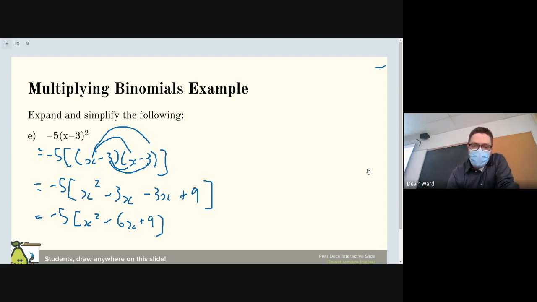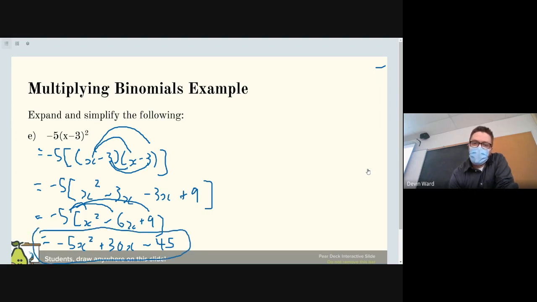Okay, and now we distribute in that negative 5. Our final answer: negative 5x squared plus 30x, because we have a negative and a negative, minus 45. Remember, it says simplify, so we're not actually finding out what x is.